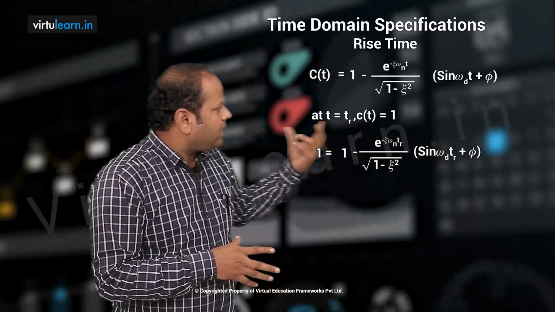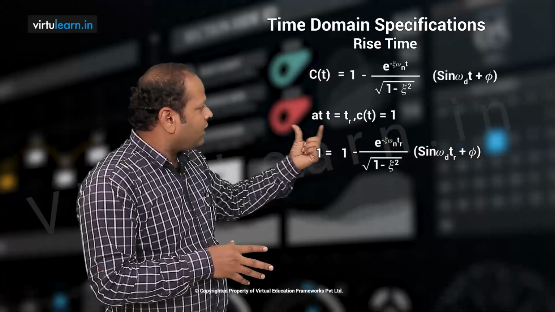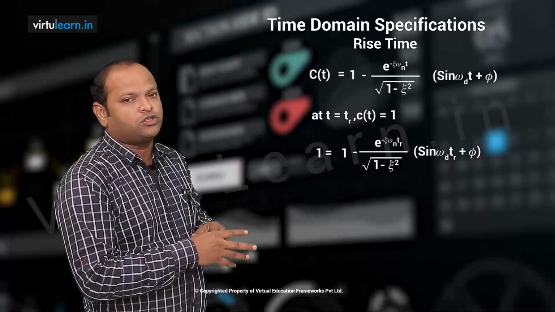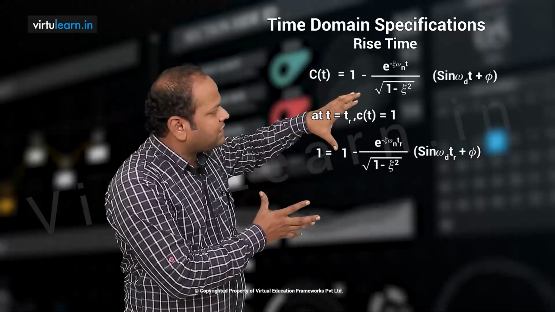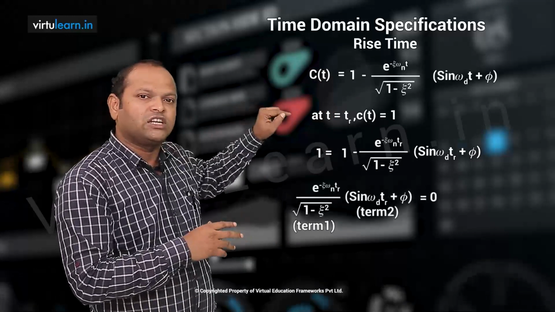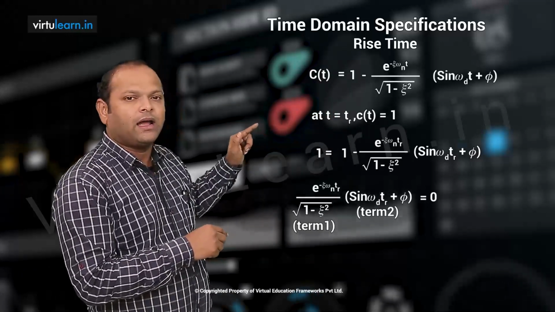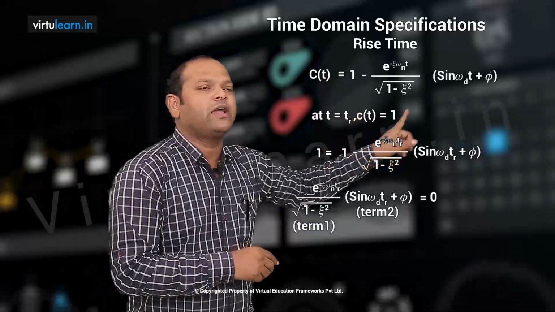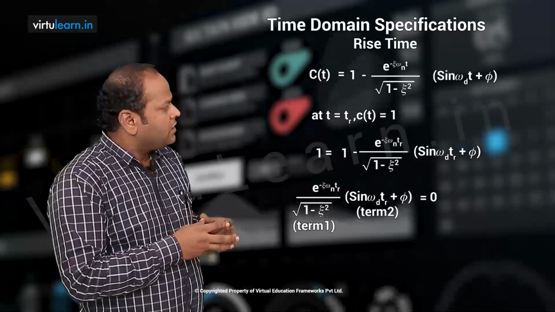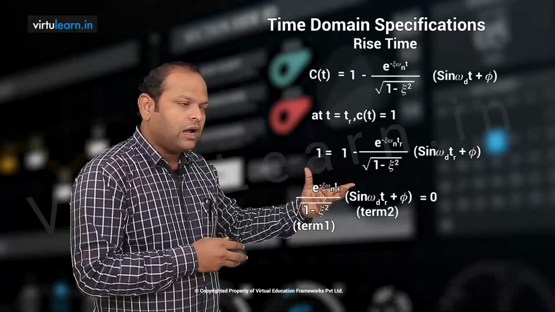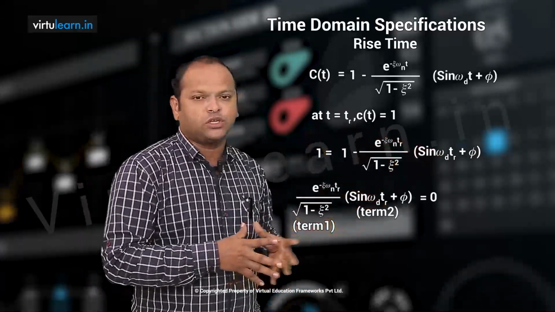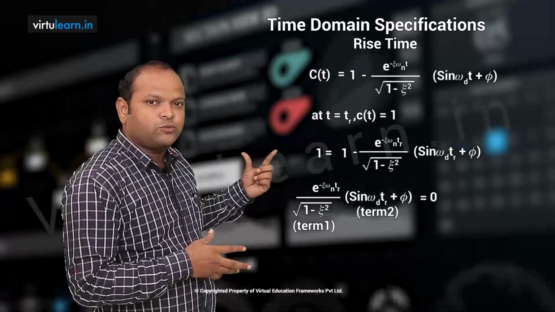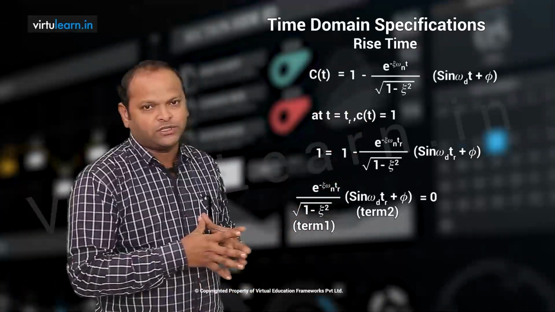So here I have 1 is equal to 1 minus something. Therefore, this second term is obviously equal to 0. So e power minus zeta omega n tr by under root 1 minus zeta square, times sine omega d tr plus phi, is equal to 0. There are two terms and the product of these two terms is equal to 0. Then either the first term should be 0 or the second term should be 0.